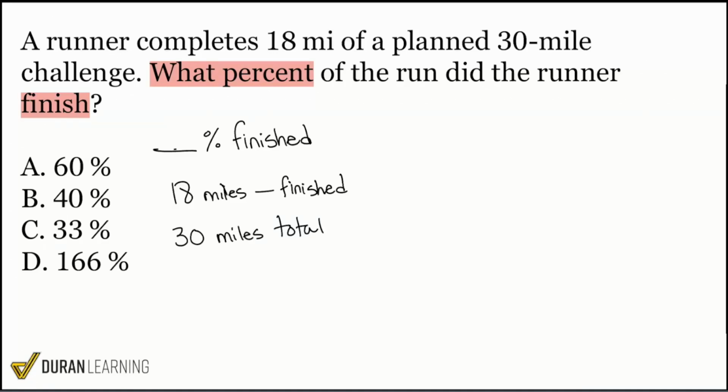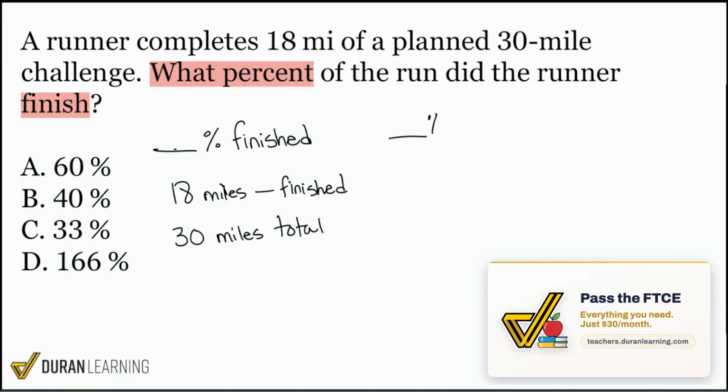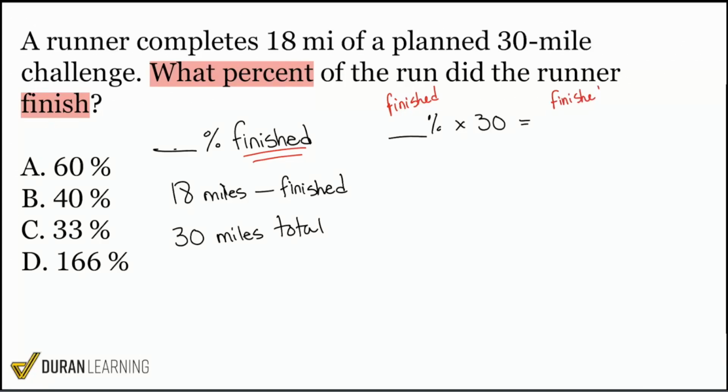So if we're setting up our equation for our percentage here, it is blank percent times the total of 30 miles equals what we finished. Again, because this percent represents what was finished right there. So what we have to represent as the result is the amount that was finished. And that is represented by the 18 miles that we've completed.